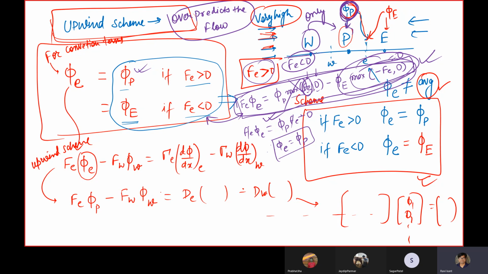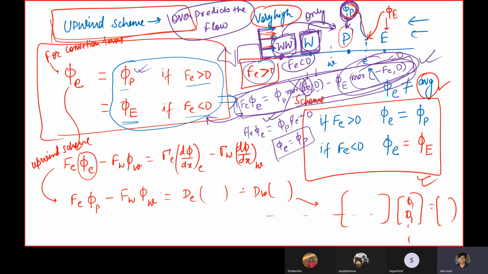This kind of overpredicts, because there will be another second neighboring control volume, WW, and you may think logically that this WW should also have some influence on this P as well, since the flow is happening from left to right, isn't it? So not only W, the closest neighboring cell, is influencing, but there will be a combined effect of all the cells.